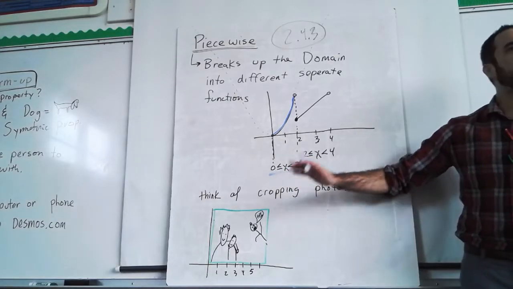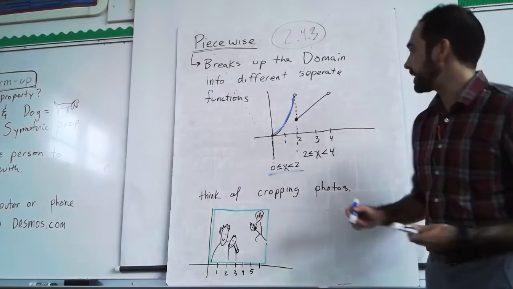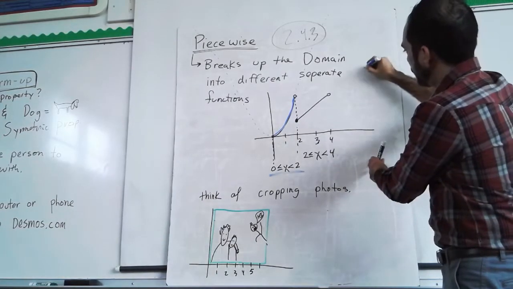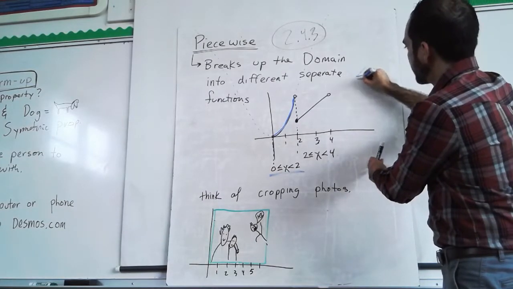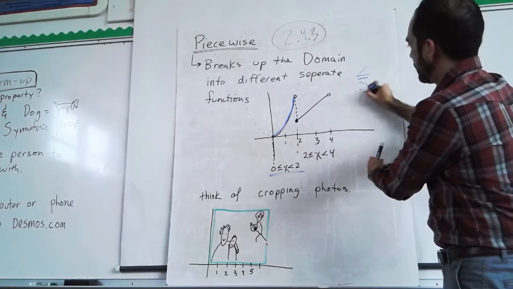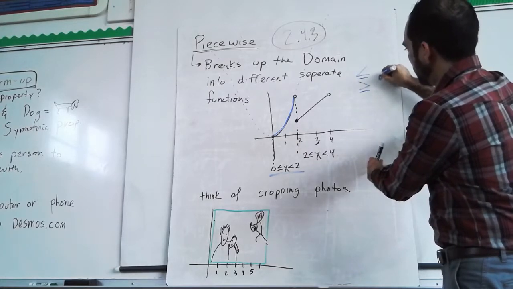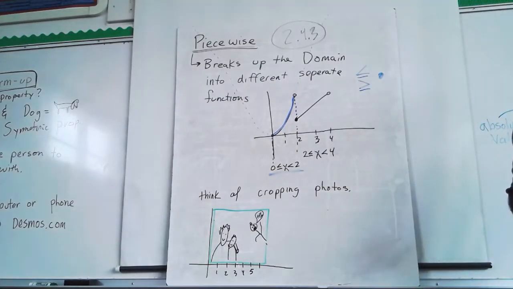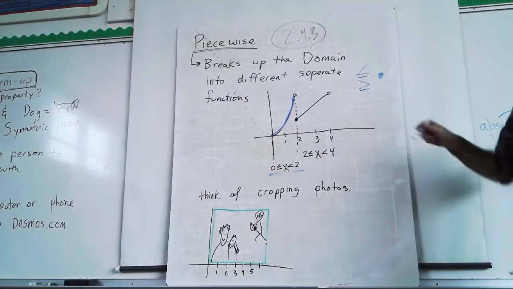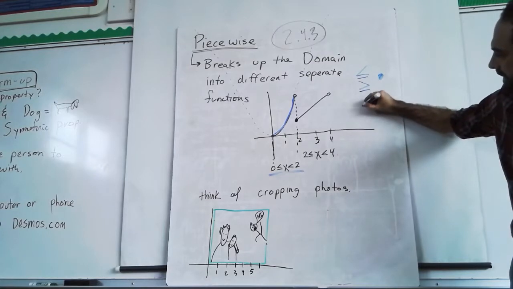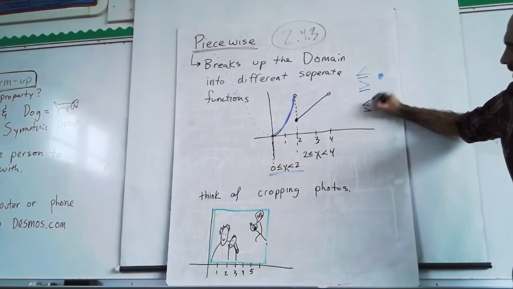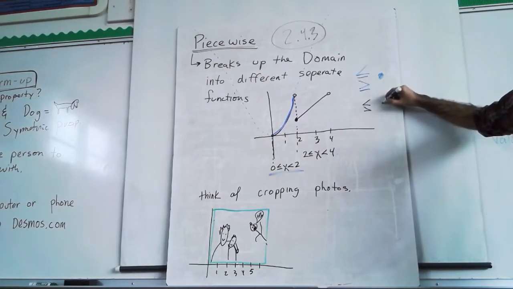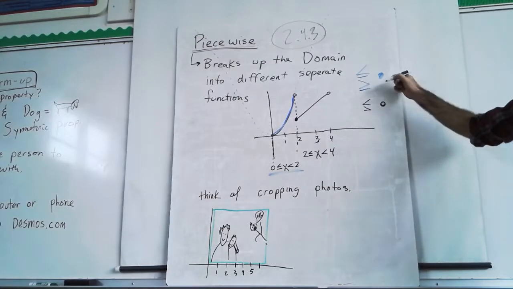So also we need to pay attention that when we have less than or equal, greater than or equal, we're doing a closed circle as far as our line segments go. Likewise, if I have just less than or just greater than, then I'm doing an open circle.